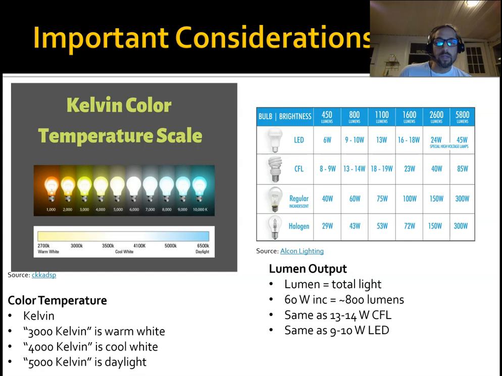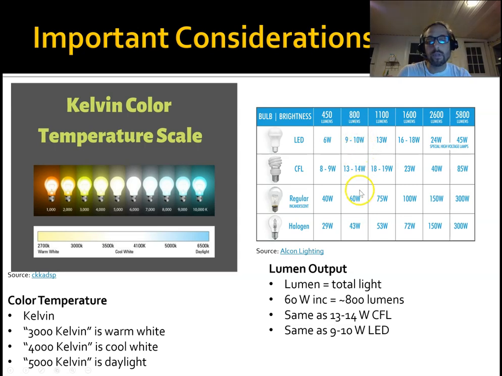Some other considerations: the lumen output. A lumen is the total amount of light that's output by the lamp. To give you a frame of reference, a 60 watt incandescent is about 800 lumens. And this chart here just shows you the different wattages of different lights that give you the same lumens.